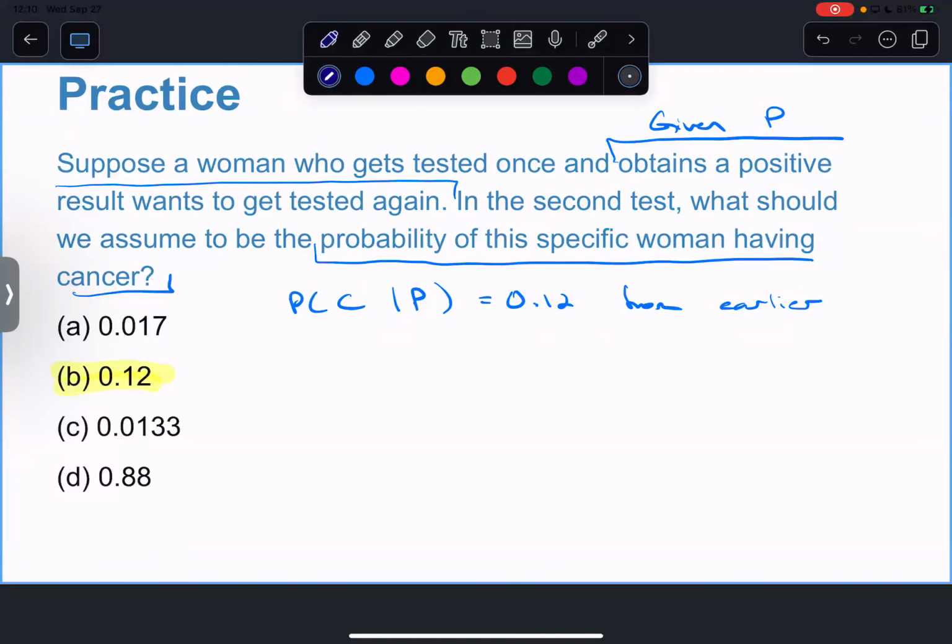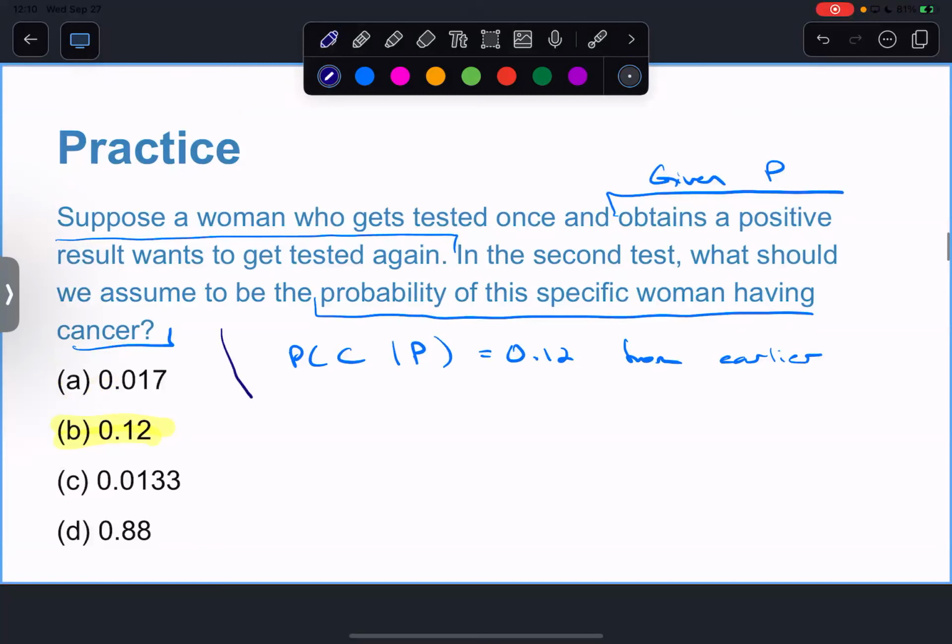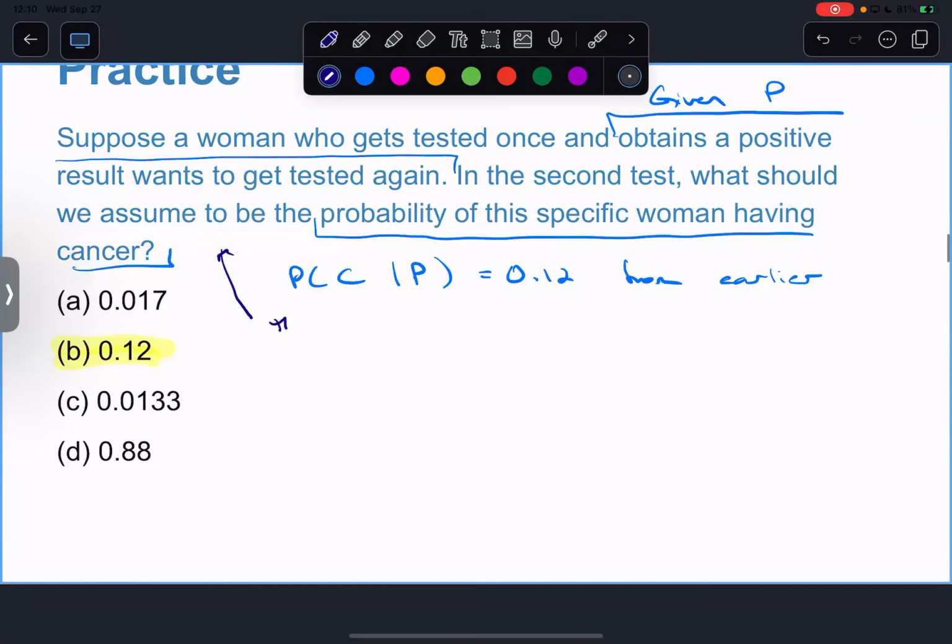I'll just say in general, this is another way of phrasing the question, which is good to see. Of phrasing the same question as before.